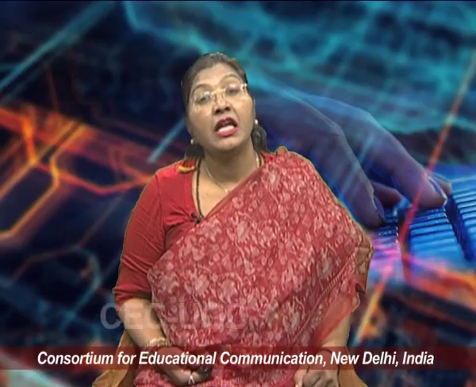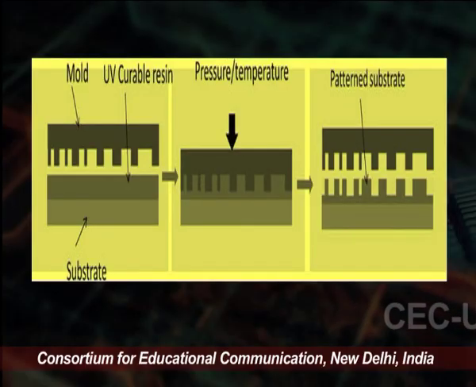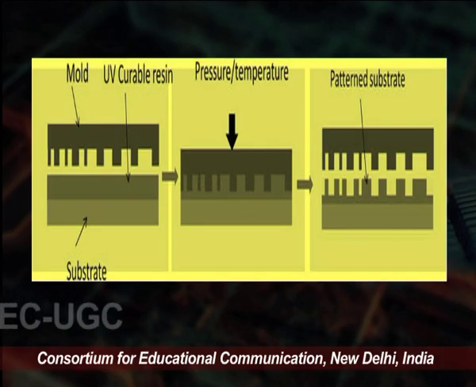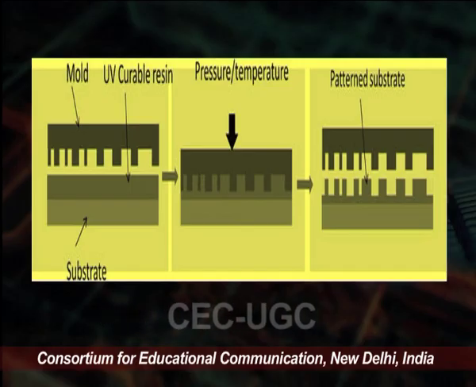electron beam lithography techniques. So, UV NI process molds are prepared from quartz and silica using the electron beam lithography technique. You see on the screen that we have a substrate and the mold has been prepared, which is UV curable.